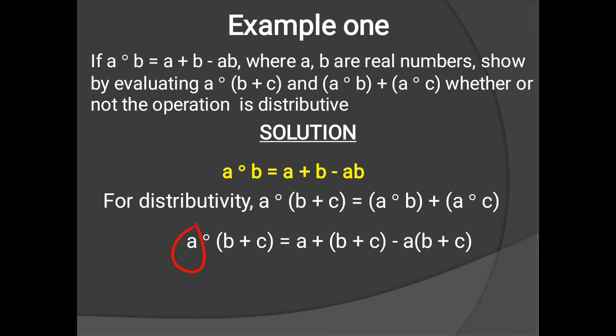Our A is the first one, then B plus C is the second one. The rule says first one, so our first one A, plus the second one, which is the whole of this, minus the first one times the second one, so minus A times the whole of B plus C. So that's what we have there.